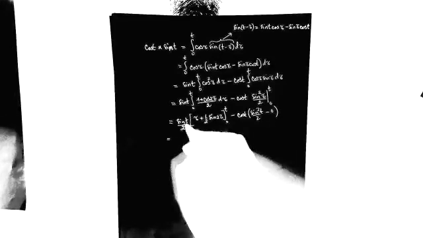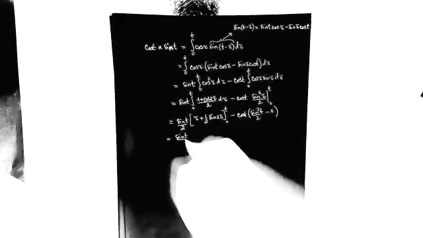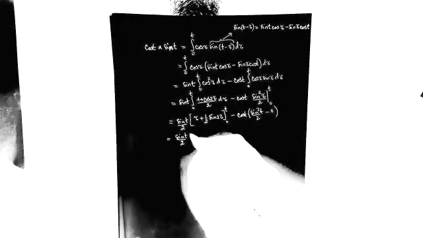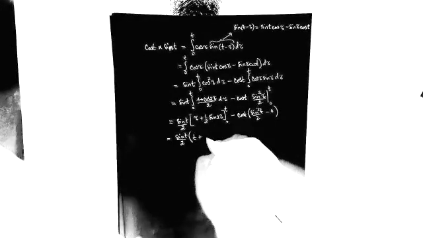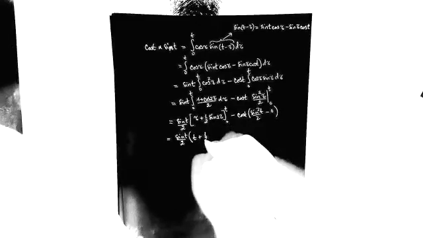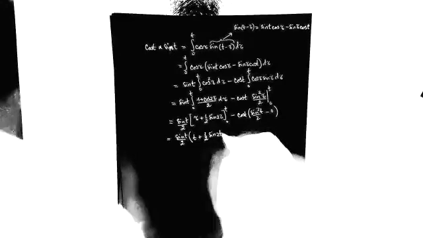So what you get is sine t over 2. Then you plug in the numbers here. That's going to be t plus 1/2 sine 2t.